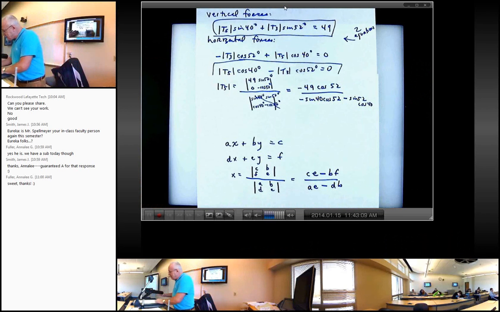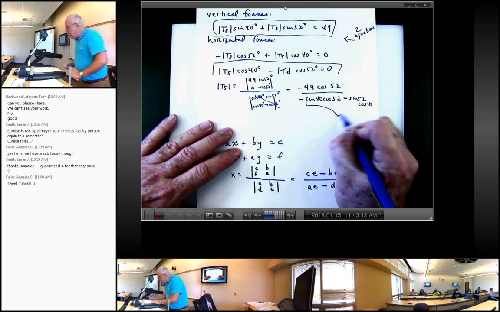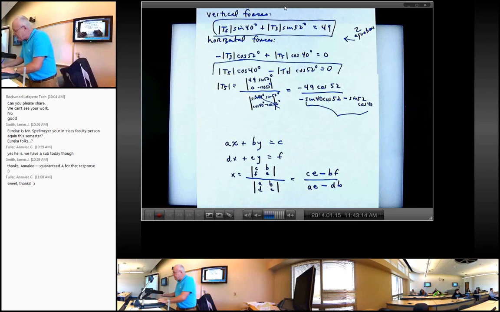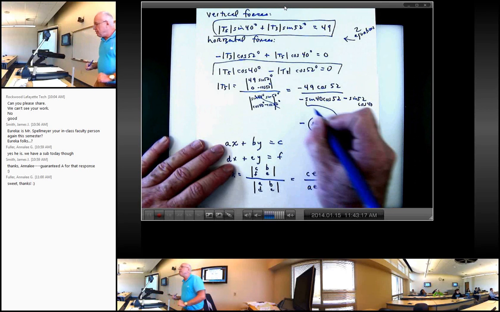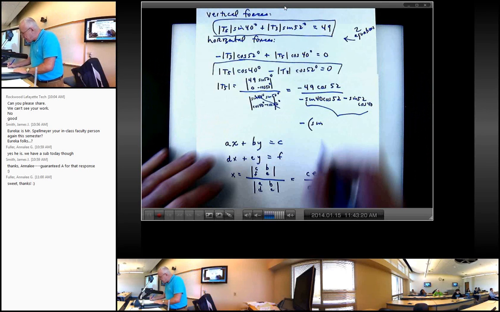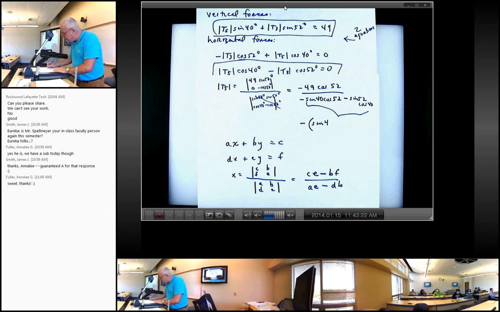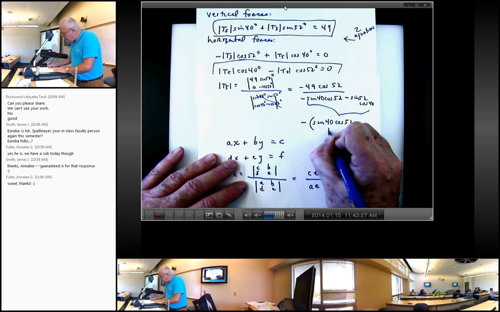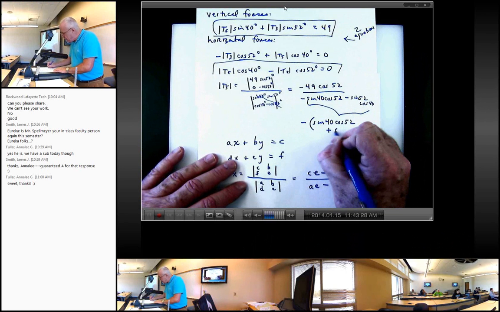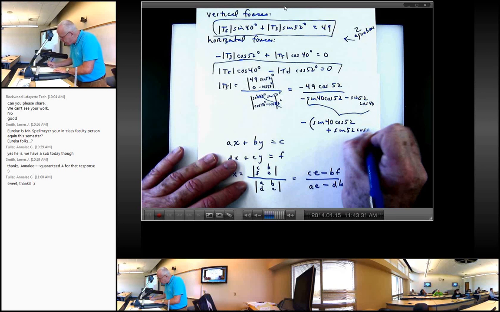Now the deal is, I've got two minuses there, so I take the minuses out in front: minus sine 40 cosine 52 plus sine 52 cosine of 40.